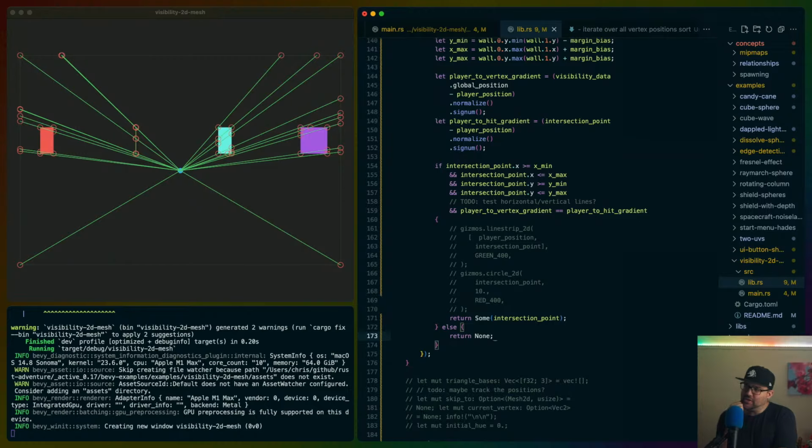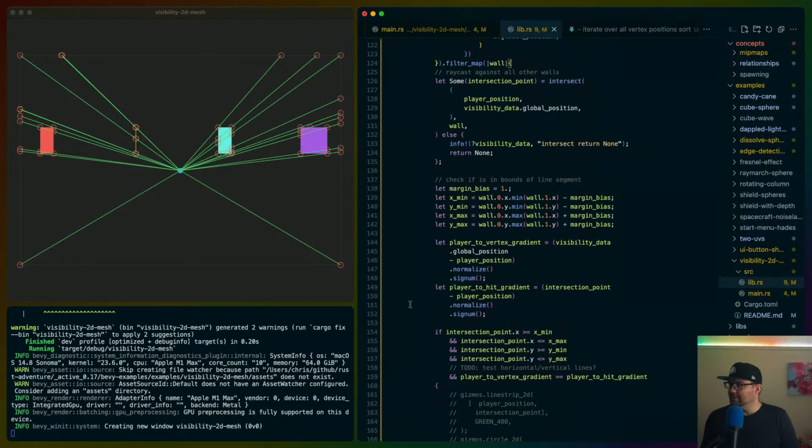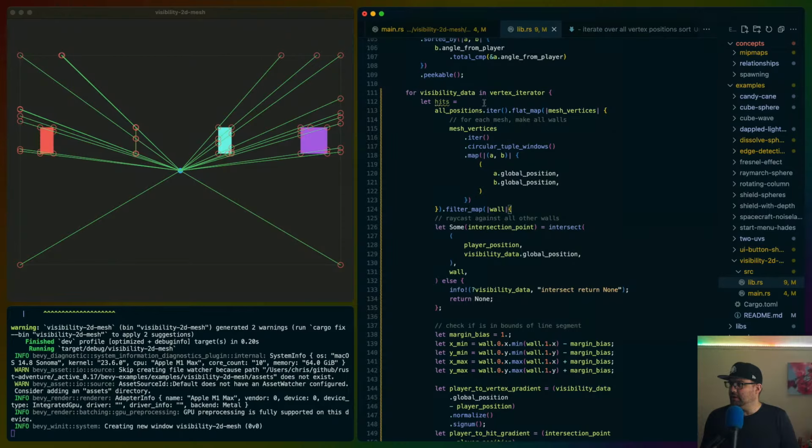We could make this a let chain instead. I'm not a huge fan of let chains, if I'm going to be honest. I know a lot of people like them, but okay. So we will get all of our intersection points returned.